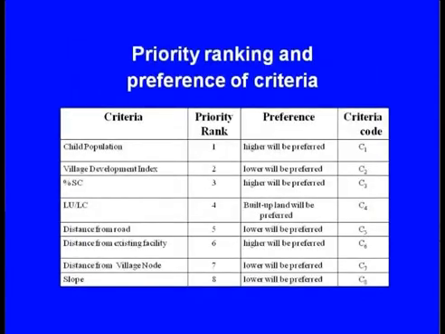Based on this, certain priority ranking and preference of criteria have been proposed for different types of parameters, such as child population, village index, development index, percentage SC/ST population, LULC, distance from road, distance from existing facility, distance from village node, slope of the area.